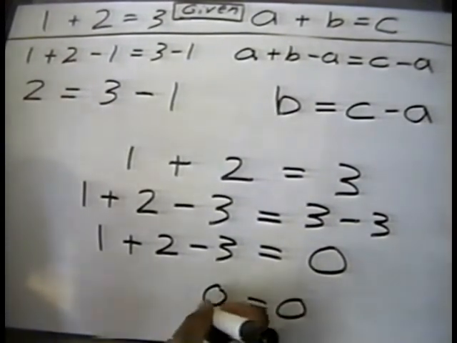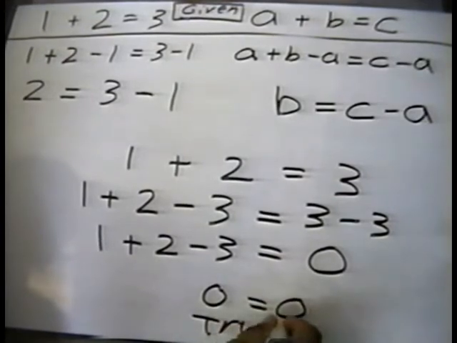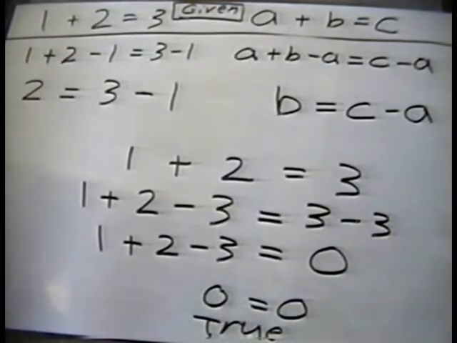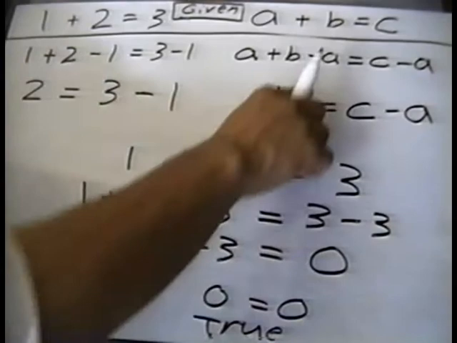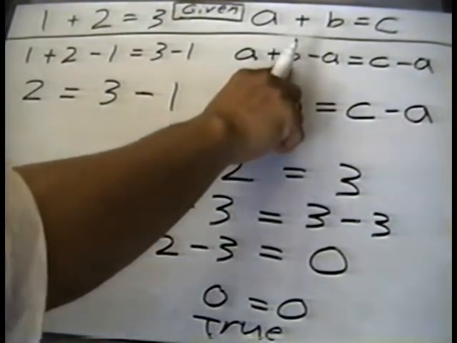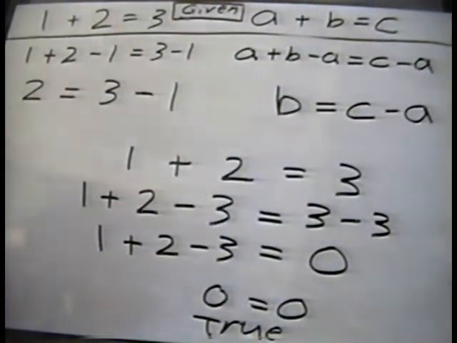You see, I didn't even calculate this yet. But we can find out, we know 1 plus 2 is 3, then 3 minus 3 is 0. So that's true. So that means that when I did the arrangement for the letters, that was true.